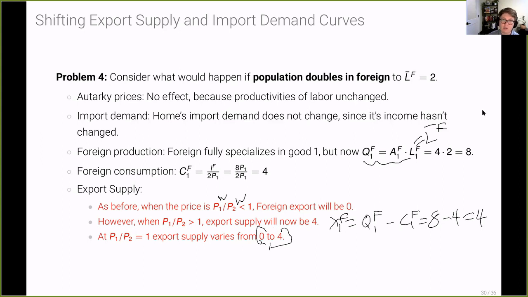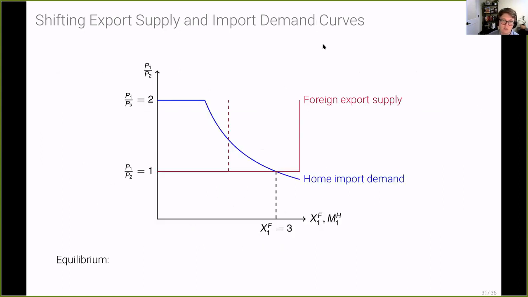Graphically, if this point was the old foreign export supply, which I'm going to abbreviate as FES, it's going to shift out foreign's export supply. And while we were intersecting here before in this region, now we're going to intersect in the area in which the world price that comes out of this is going to be exactly equal to foreign's relative autarky price of good 1.